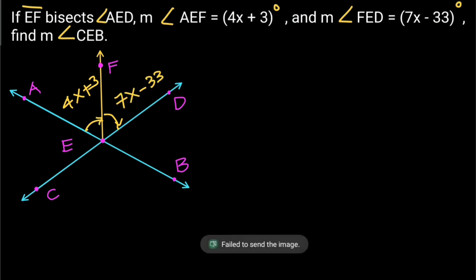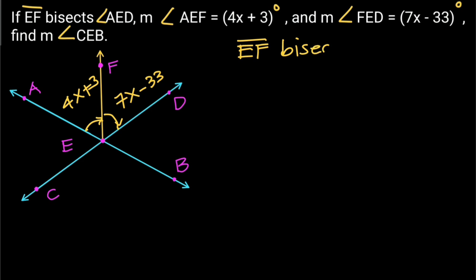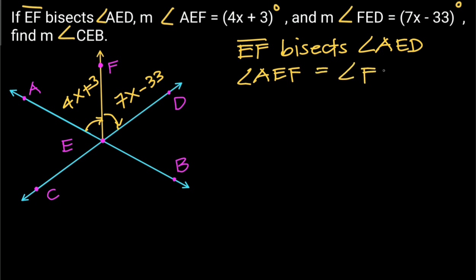Then it says that EF bisects angle AED. So from this one, we can conclude that angle AEF is equal to angle FED. So the measure of angle AEF is just equal to the measure of angle FED.